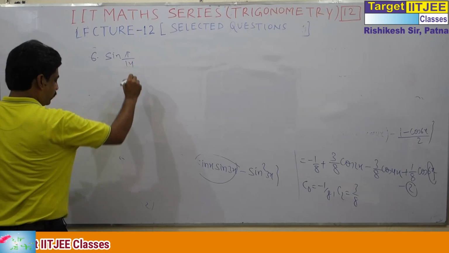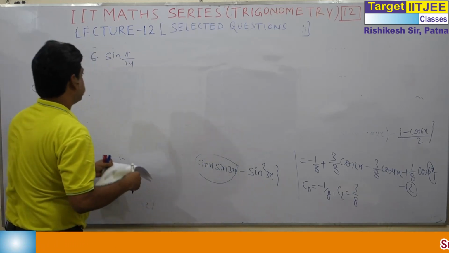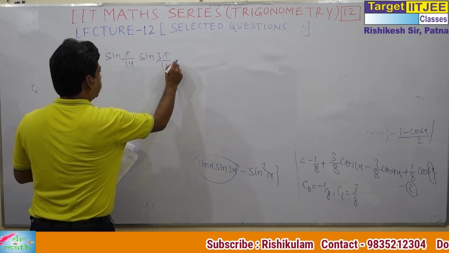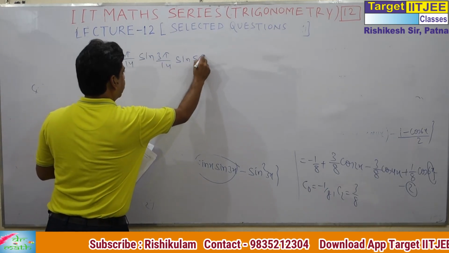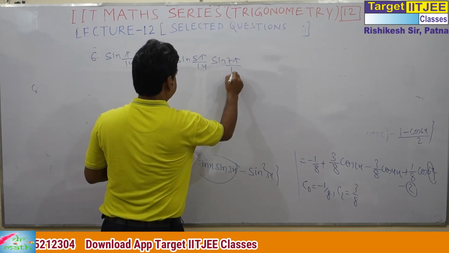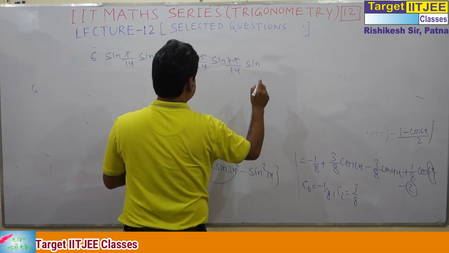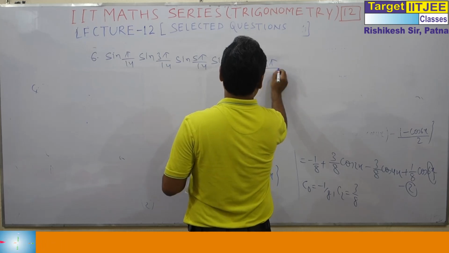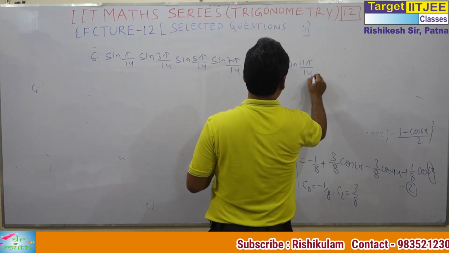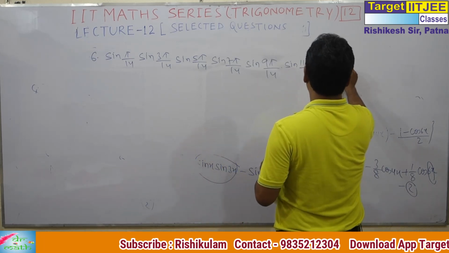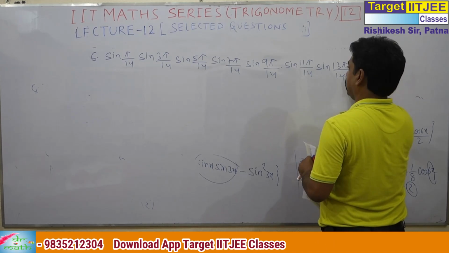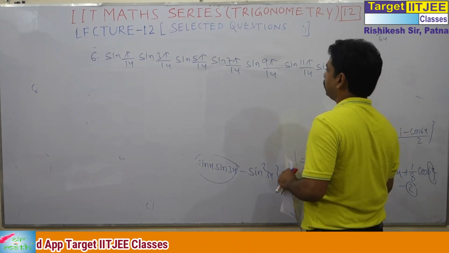The question is sin pi by 14, sin 3 pi by 14, sin 5 pi by 14, sin 7 pi by 14, sin 9 pi by 14, sin 11 pi by 14, and sin 13 pi by 14 is equal to 1 by 64. That you have to prove.